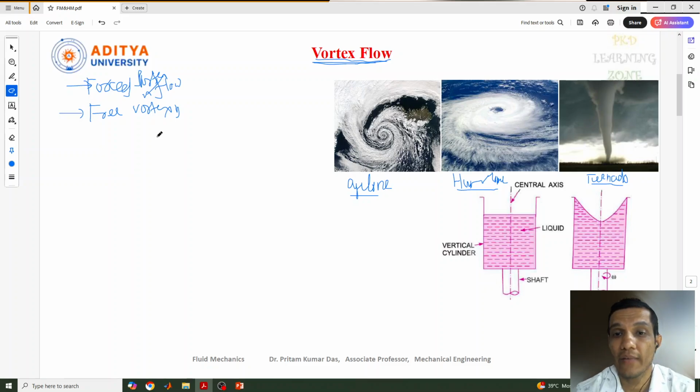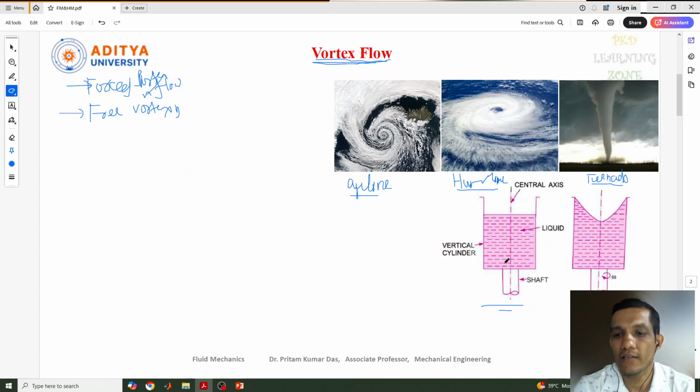Apart from that, if you take a vertical cylinder, here I have taken an example of two vertical cylinders. Here a shaft is there, you can see. When the shaft is in the normal condition, that means there is no rotation of the shaft in this cylindrical object, and the liquid is in its normal position, before rotation.